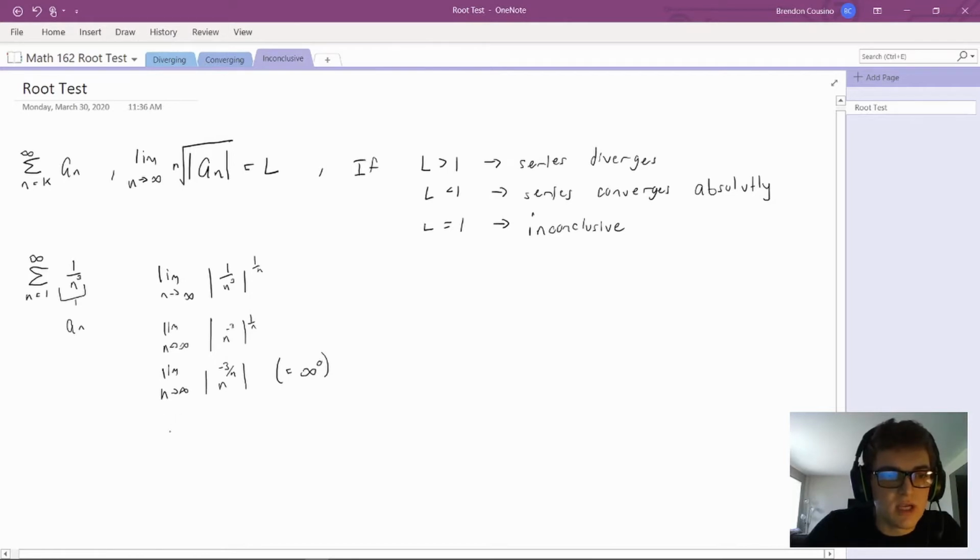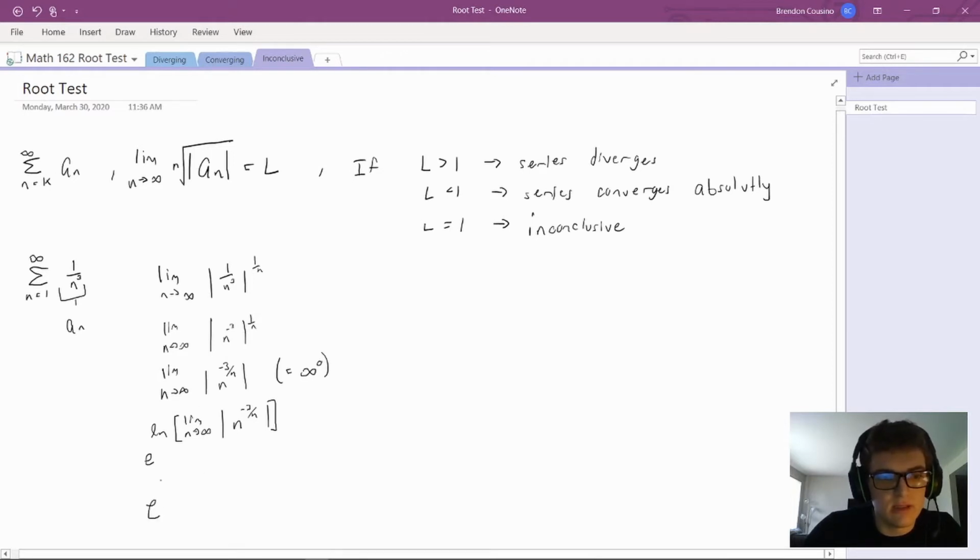First, I'm going to take e to the ln of the limit as n approaches infinity of n to the negative 3 over n. We can do that because the e to the ln cancel each other out, since they're inverse functions. Now we can use our limit rules and take our ln and put it inside of the limit.